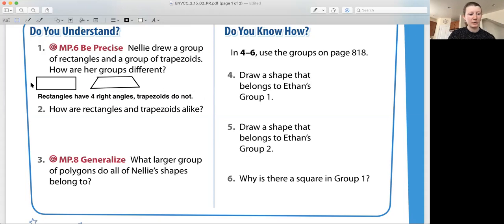So if we look carefully, both of these shapes do have 4 sides. Do they have 4 angles? Yes, both of them have 4 angles. So I'm going to put that right here. Both shapes have 4 sides and 4 angles.